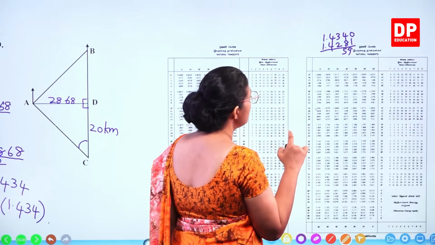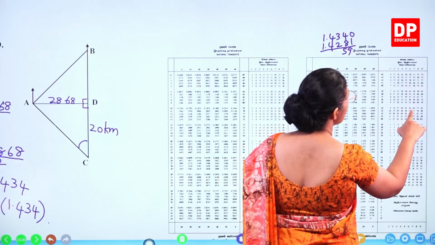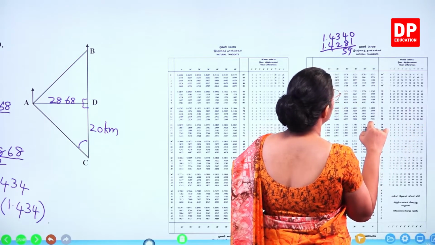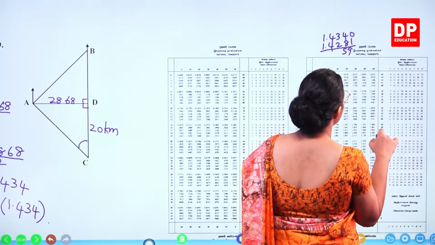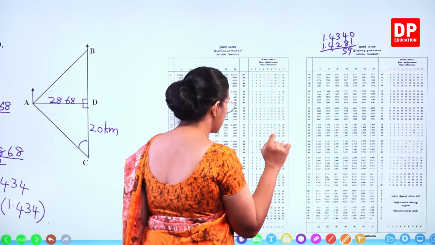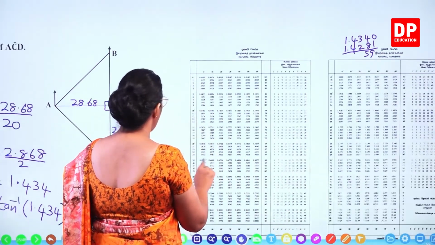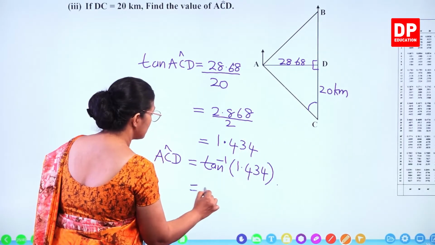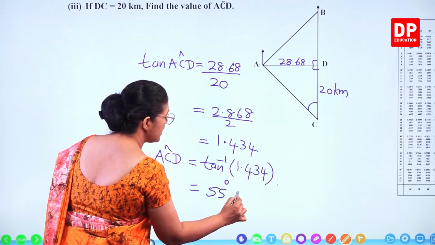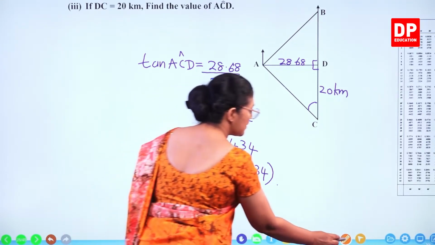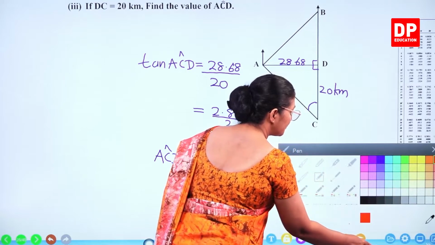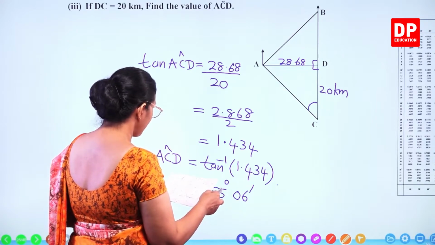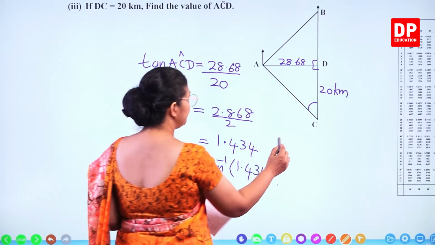We need another 59. We'll take here, 54 is there. So 6. 54 is 6. So 5506. So 5506 is the angle. So 55 degrees and 6 minutes is the angle required. So let's see how many marks for that. So you get 3 marks for that.